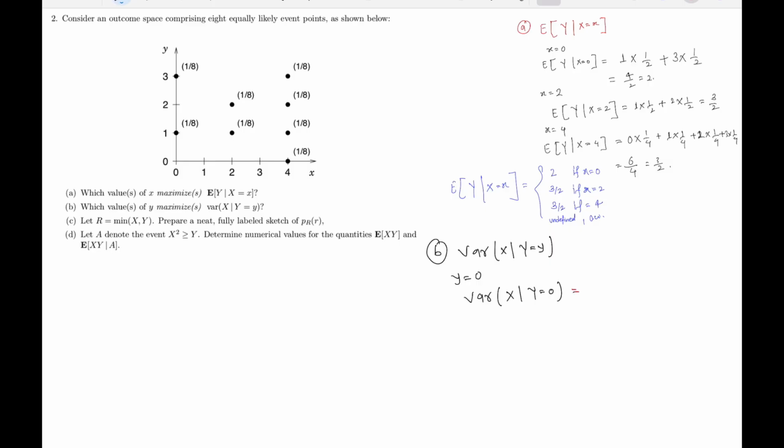That will be equal to the expectation of the random variable x square given y takes the value 0, minus the expectation of random variable x given y takes the value 0, squared. So now we are talking about these expectations under some condition, that is all.